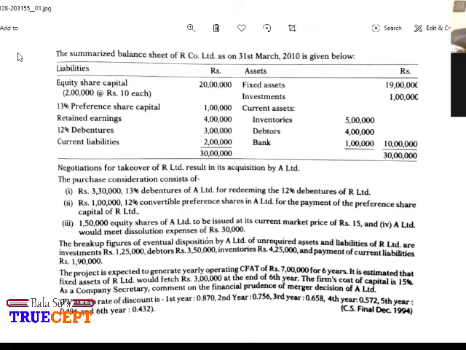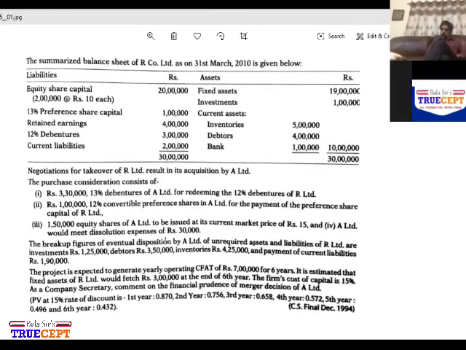For the breakup figures of eventual disposition by A Limited of unrequired assets and liabilities of R Limited: investments 1,25,000, debtors 3,50,000, inventories 4,25,000, and payment of current liabilities 1,90,000. The project is expected to generate yearly operating CFAT of rupees 7 lakh for 6 years.